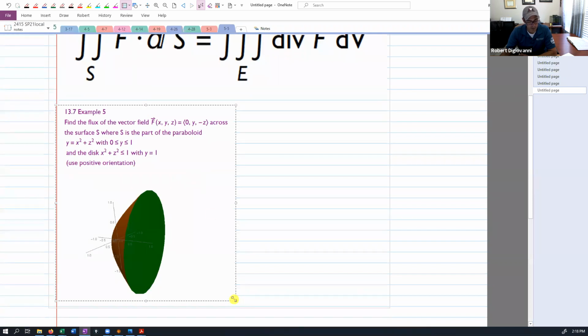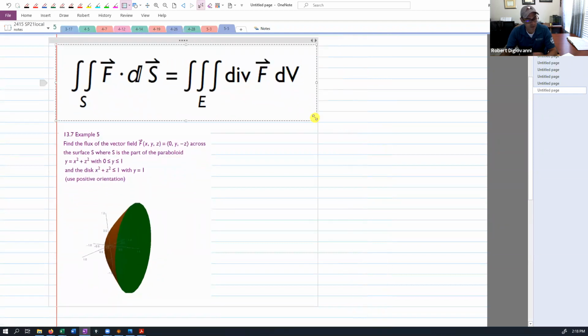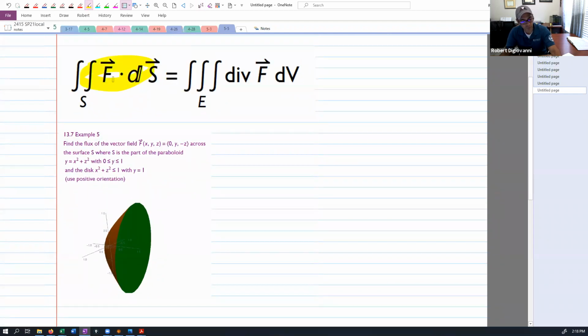So here it is. We want the flux, so we're trying to find this. And what we need in order to use this theorem, this is critically important, is that this surface S encloses a solid. It has to enclose a solid. And in this case, S is the entire surface, the green and that brownish color.